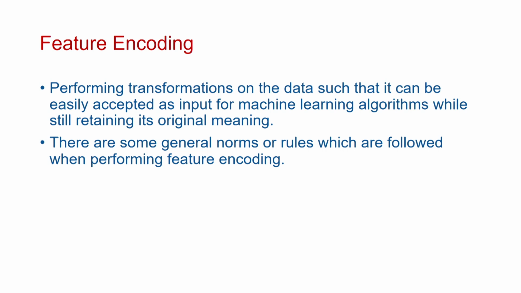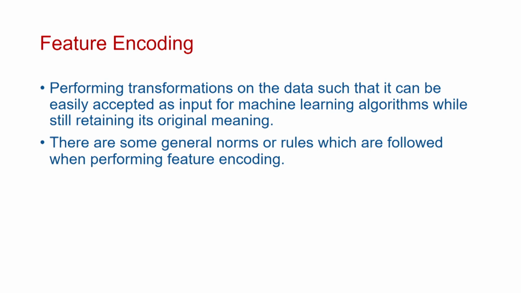Feature encoding is nothing but where we transform the given or existing feature into another form. So, we encode the feature, and finally, if required, we can decode that feature also. This is called feature encoding.